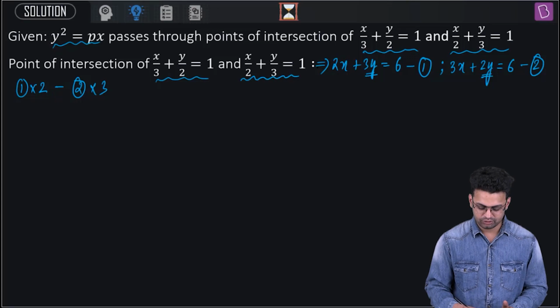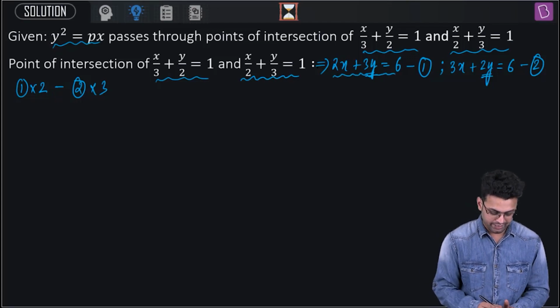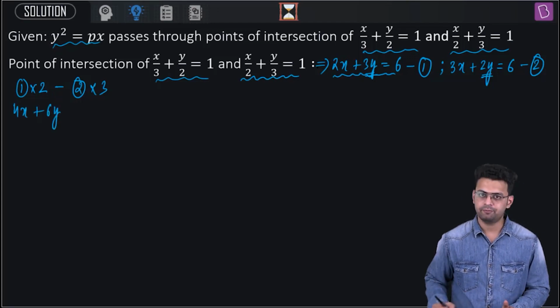Quickly tell me. So as soon as I multiply equation 1 by 2, I'll get 4x plus 6y.